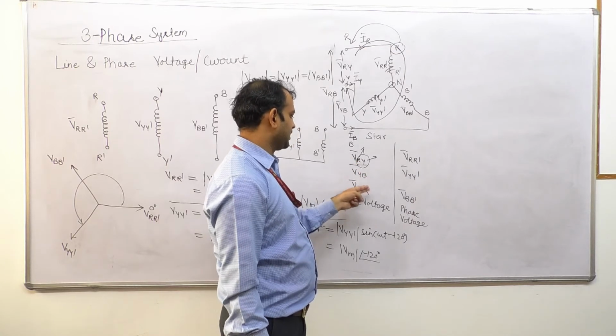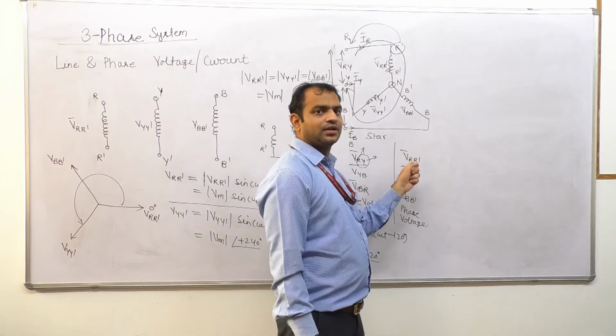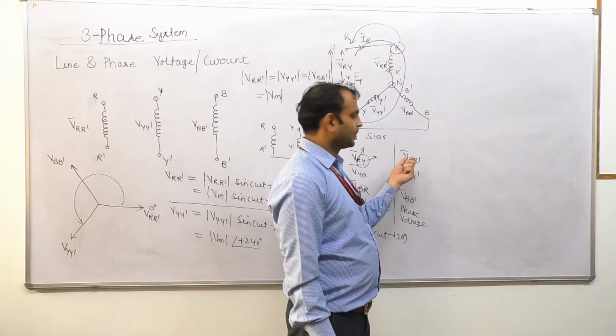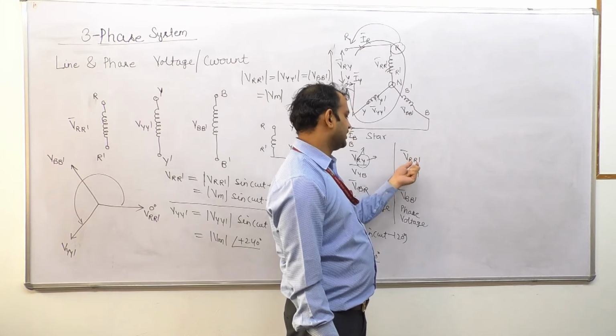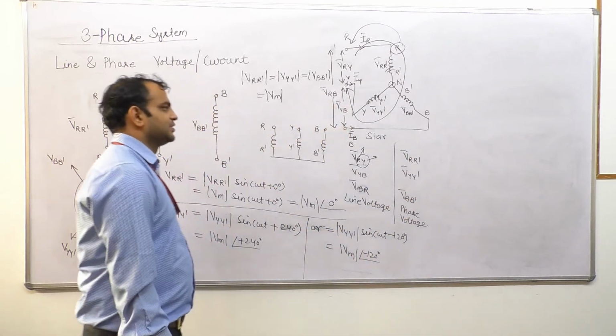RY, YB, BR are called line voltages. Double subscript with a similar designation R dash, Y dash, B dash are called phase voltages.